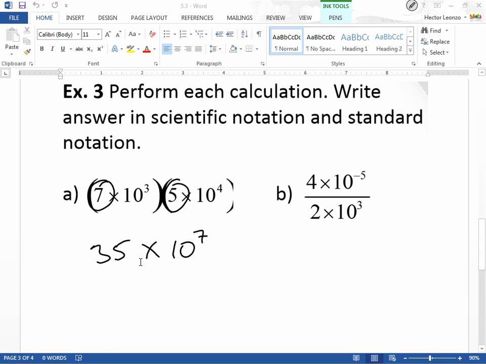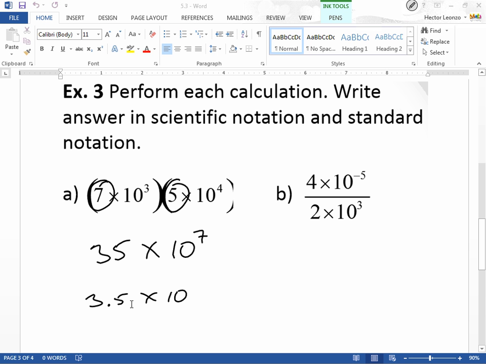So what I'm saying here is, after the 5, move the point 7 places to the right. But I need to fix this a little, because 35 is not a number between 1 and 10. So I'm going to convert this to 3.5 times 10 to something. My exponent number changed.